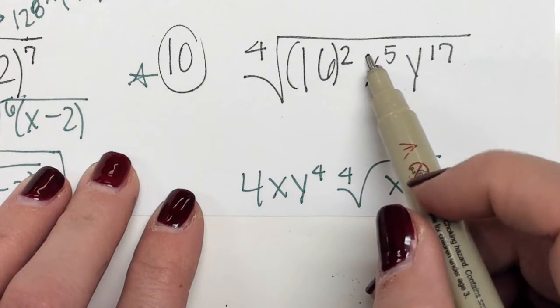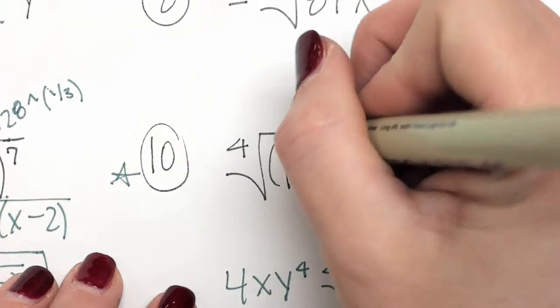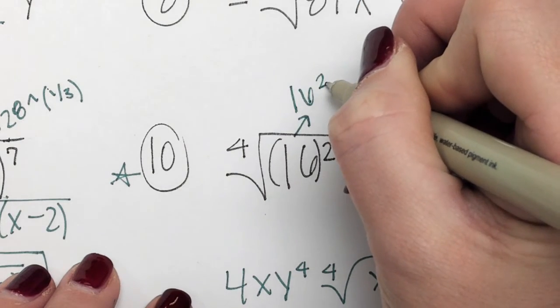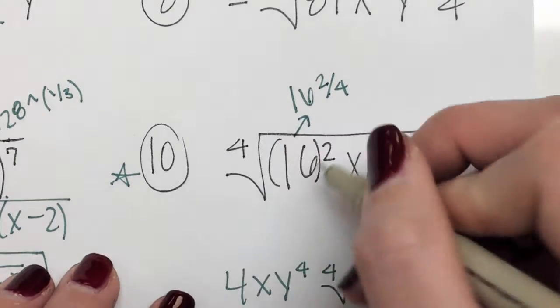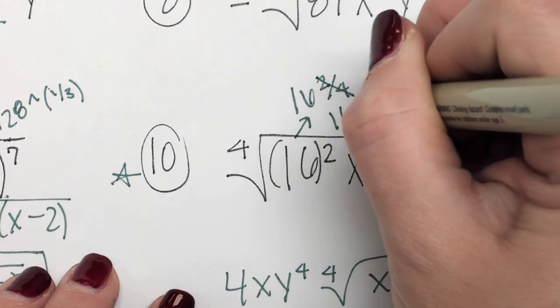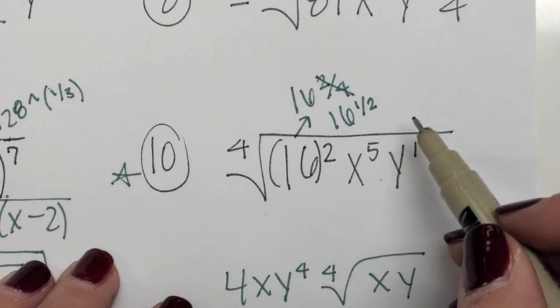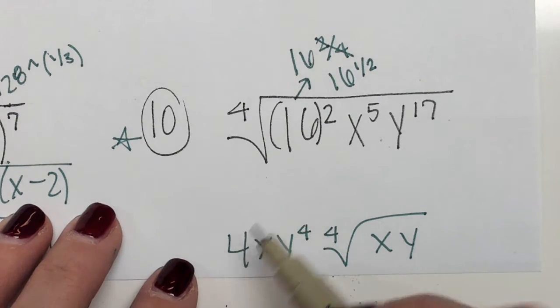Either you can find out what 16 squared is and then take the 4th root of it, or this is the same thing as 16 raised to the what power? 2 over 4. Everybody see that? 2 over 4 simplified is what? What's 16 to the 1/2? 4. That's the same thing as square root of 16. Everybody see that? So that's how we got the 4.